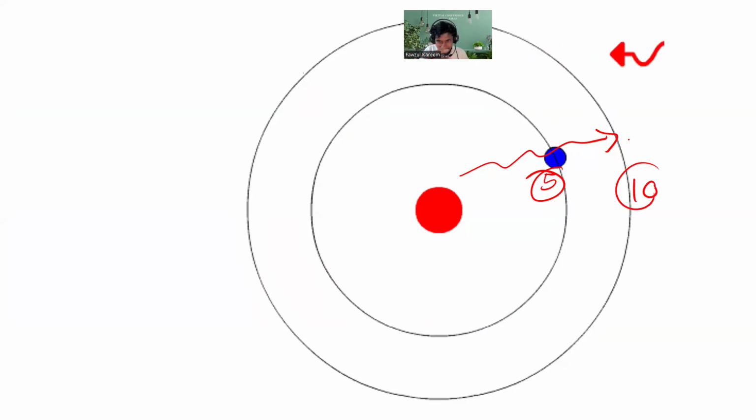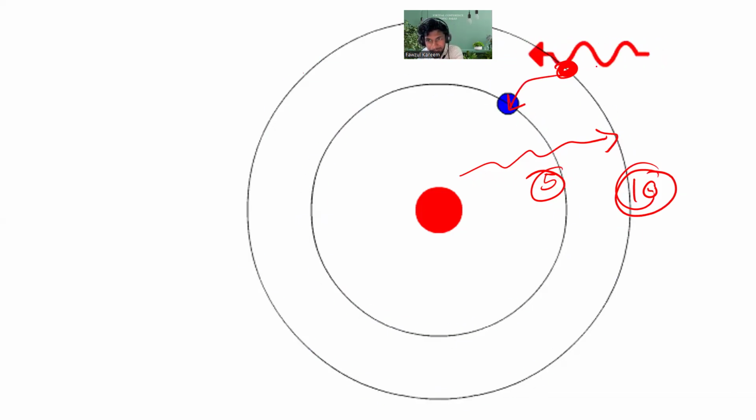Listen, this explanation is not needed, but I am going to explain. Listen very carefully. Just see the animation in the video. Here, you can see the electron is in this energy level. It has the energy of 10. If it wants to come here, it has to release the energy.